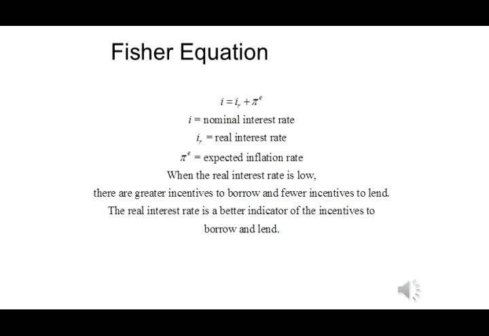To understand that, I will give you a simple example. If you made a simple loan with a 5% interest rate and you expect the price level to rise by 3% over the year, the real interest rate will equal the nominal interest rate minus the expected change in the price level, so it will equal 2%.